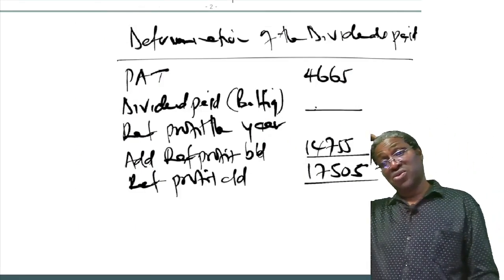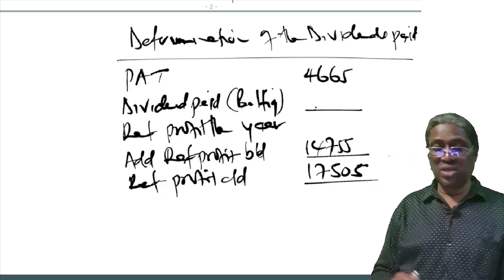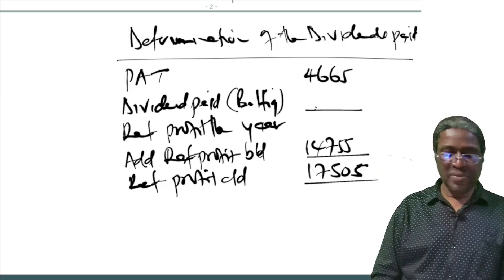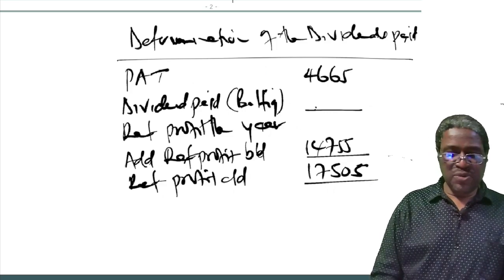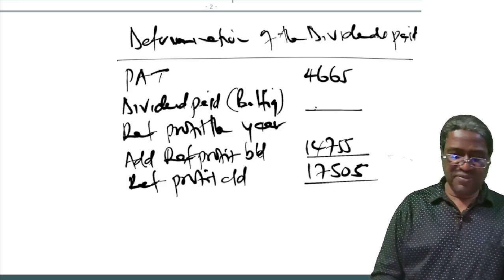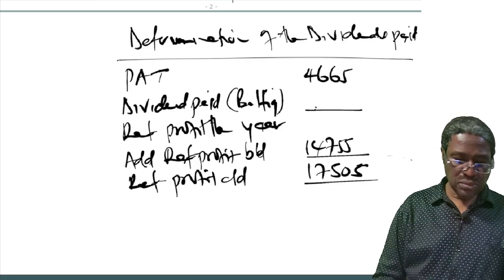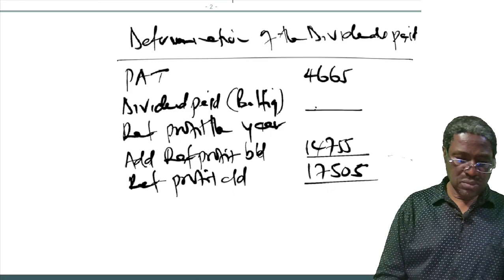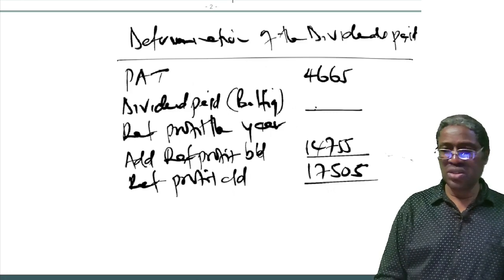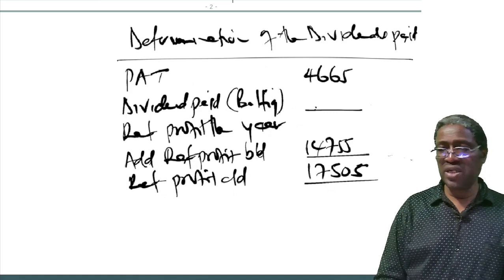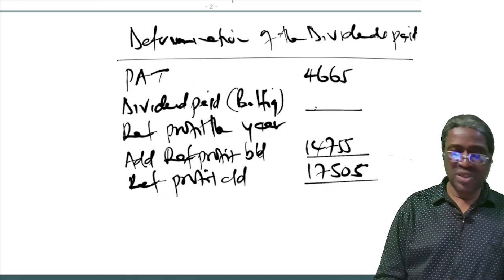Let's work backwards now. The retained profit carried down is 17,505. So what's the retained profit for the year? This is 17,505 minus 14,755.